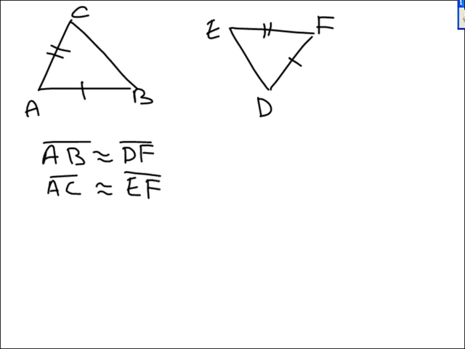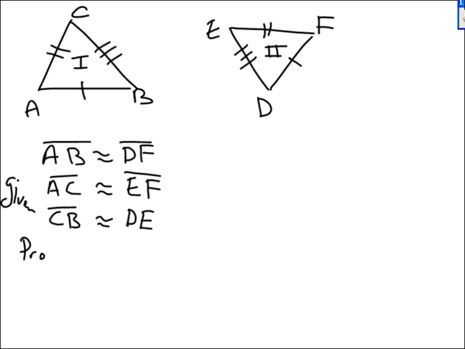And we're also given that CB, the length from C to B or B to C, is the same as the length DE. These two sides are equal. Notice I give them the same number of slashes. I give two sides, one in triangle 1 and one in triangle 2, the same number of slashes if they're congruent. So this is what is given.